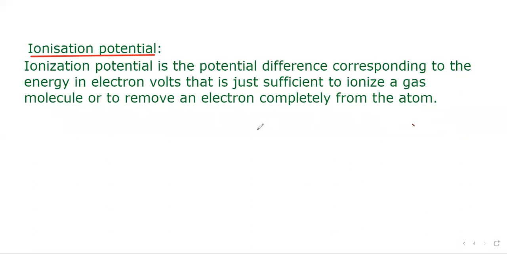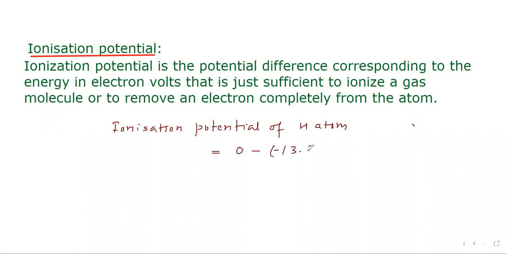So here, ionization potential of hydrogen, if we define, it will be equal to 0 minus of minus 13.6, which is 13.6 volt.